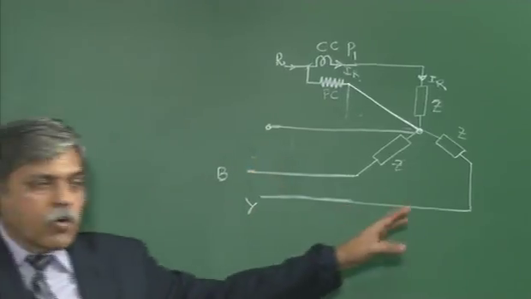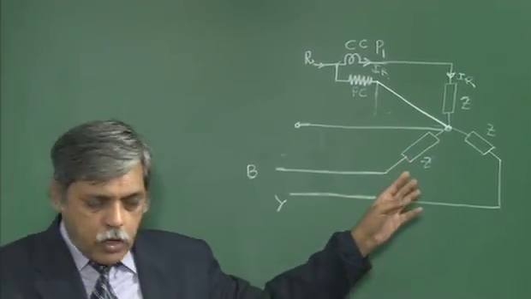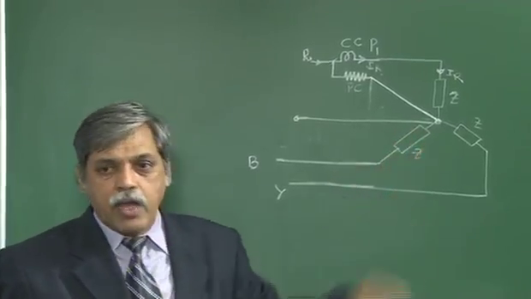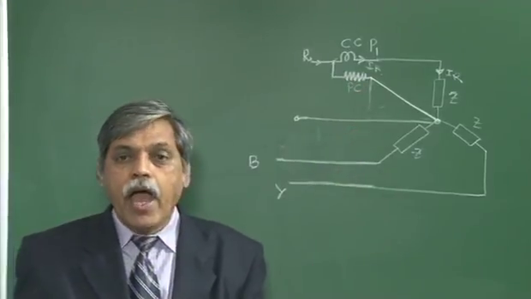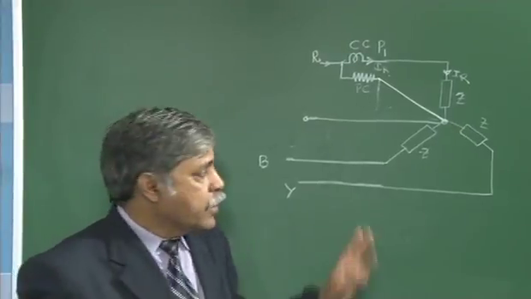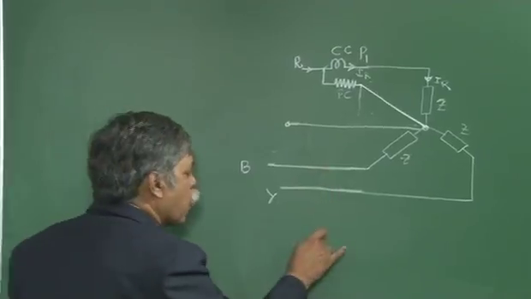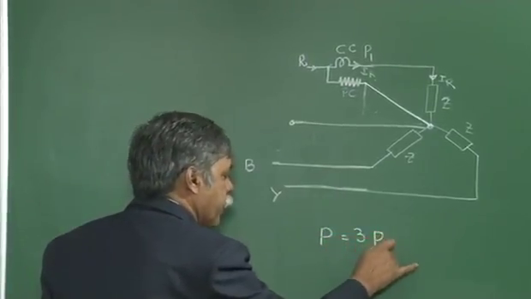In the previous method that I have shown, the 3 wattmeter method of measuring power in 3 phase loads, the load can be balanced or unbalanced, doesn't matter. So all the 3 meters will indicate some power. Adding those meter readings, I will get the total power consumed. But in this case it is not possible, because I will be writing the total power P is equal to 3 times P1.